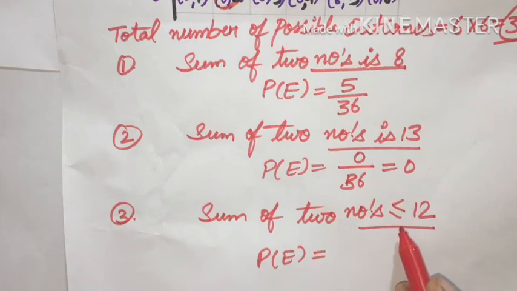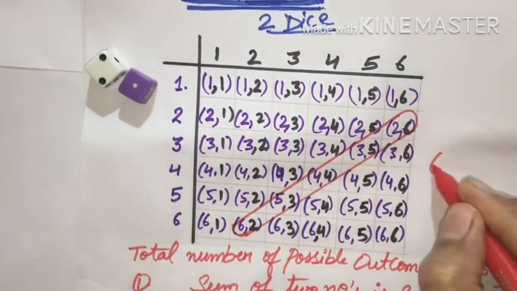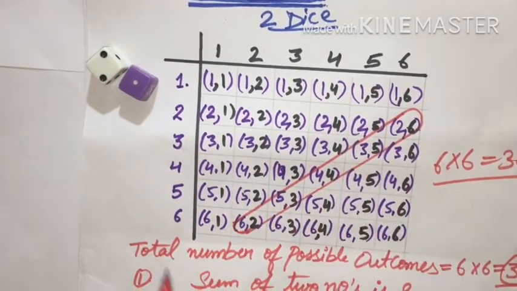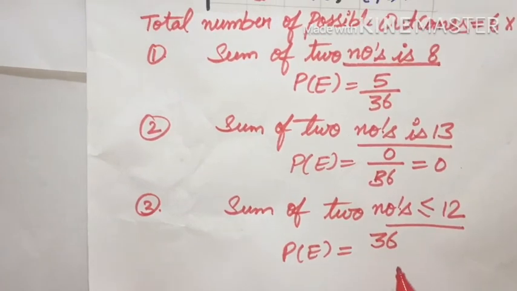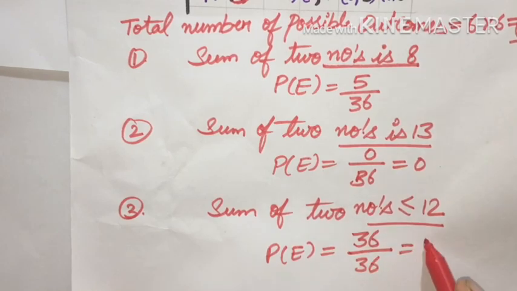These will be 36, because for two dice, how many possible cases are there? 6 multiplied by 6, 36 possible cases. So the total favorable cases for the sum less than or equal to 12 is 36 upon 36, which is 1.